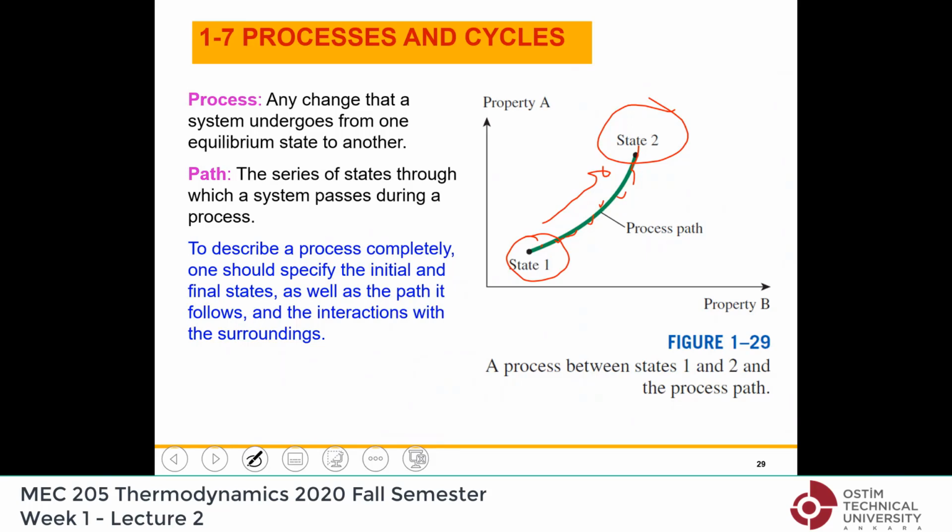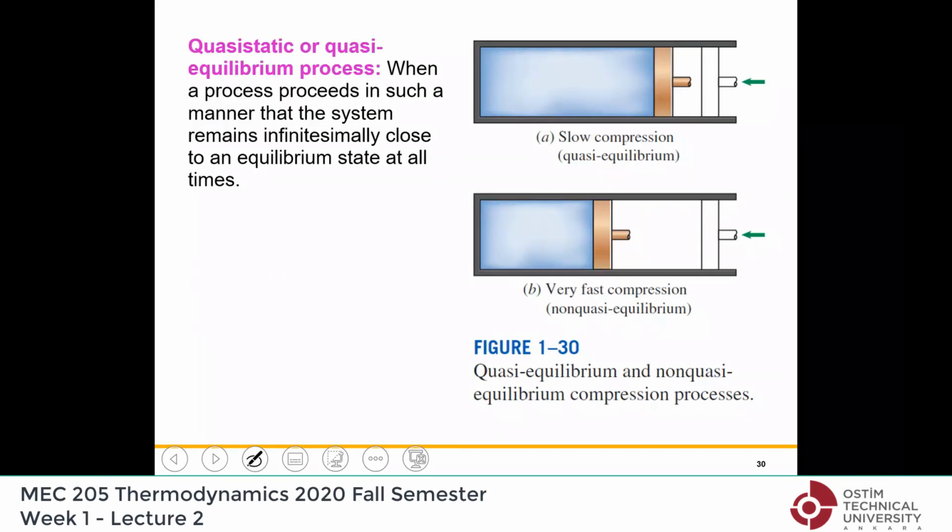The states through which a system passes as it goes from state 1 to state 2 are called the process path. So to describe a process, we need to know the initial state, 1, the final state, 2, and the states that the system passes through, the process path. Then the process is completely described.